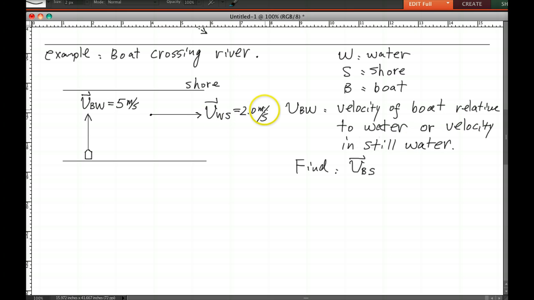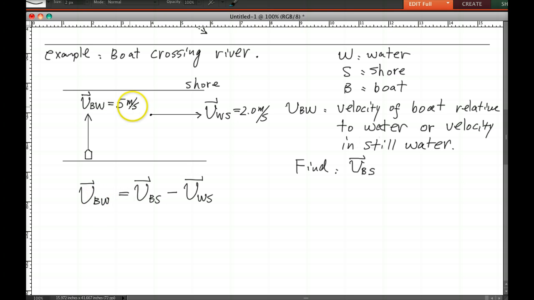Now, according to the formula we have for this one, VBW, the velocity of boat relative to water, is supposed to be VBS subtract V water S. If you check all the information, we actually already know the difference, the relative velocity of B relative to water.